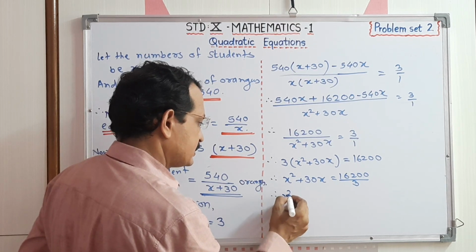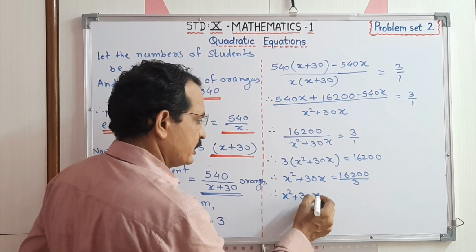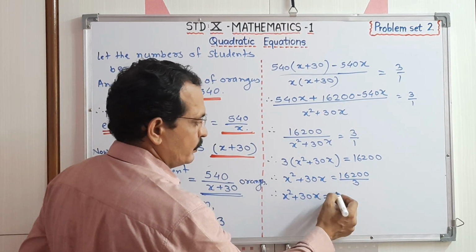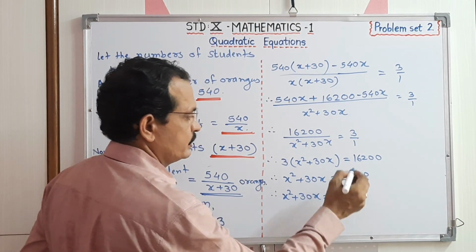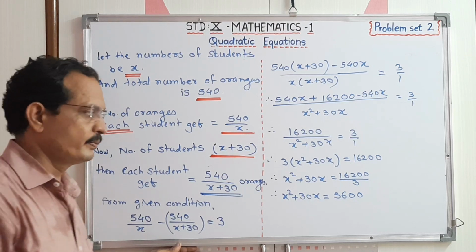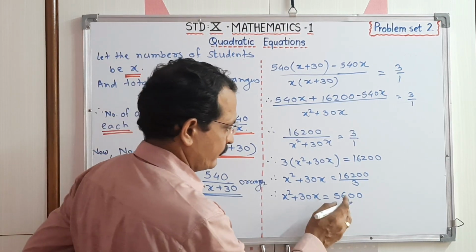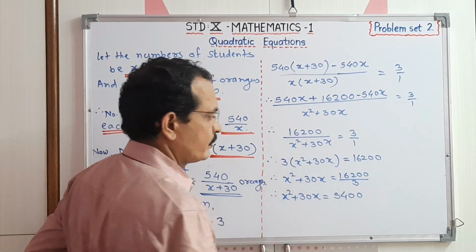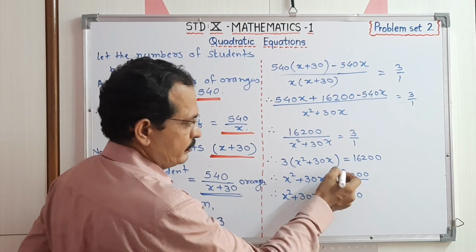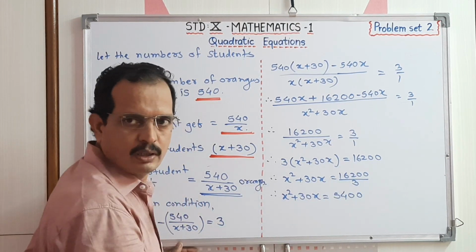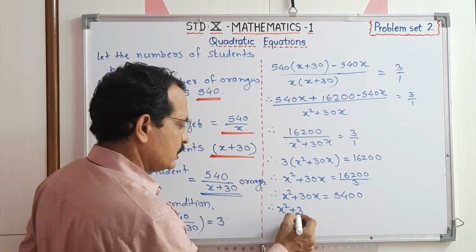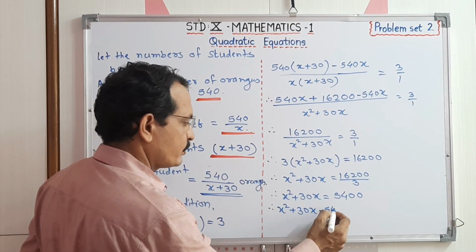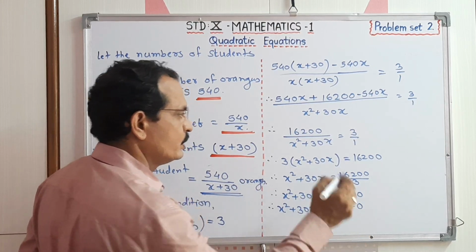We get here x square plus 30x is equal to 5400. Three fives are 15, 3 fours are 12, is equal to 0. Now here it is x square plus 30x minus 5400 is equal to 0.